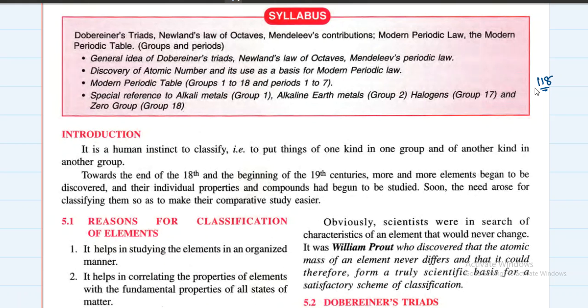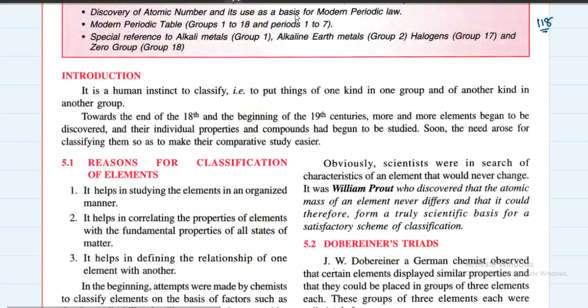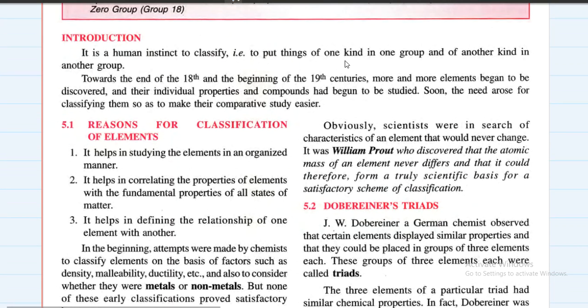Now, since the elements started getting discovered, there was a need to classify the elements according to their properties to study them in a better way. So the chapter starts with this sentence: it is a human instinct to classify, that is to put things of one kind in one group and of another kind in another group.